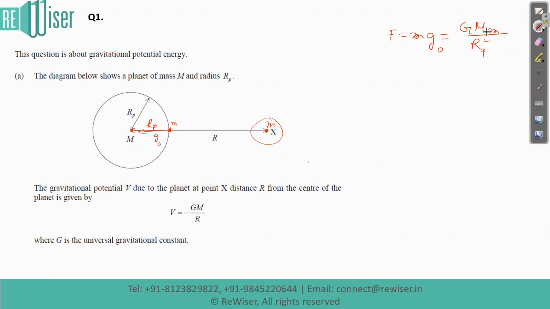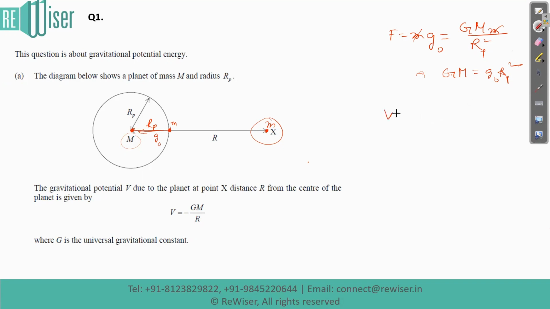What is this big M? This is the mass of the planet, and we are assuming that the mass of this planet is concentrated at this point, with m kg. Now you see m gets cancelled, so we are left with GM is equal to g0 rp squared.